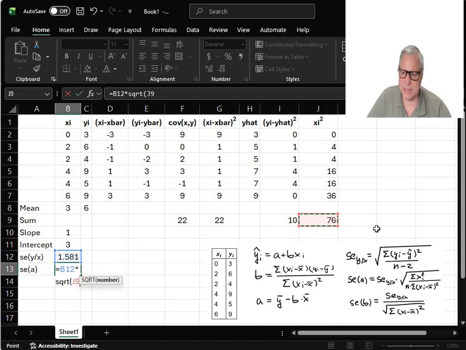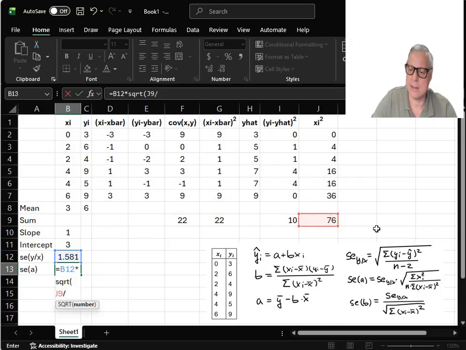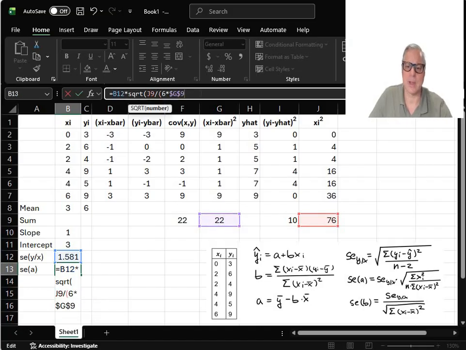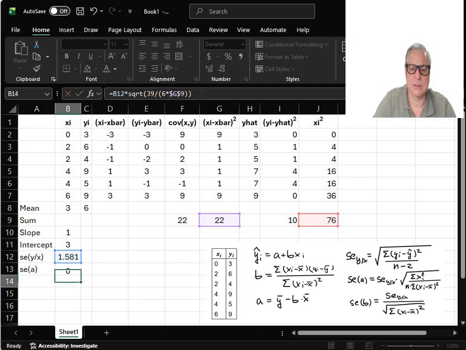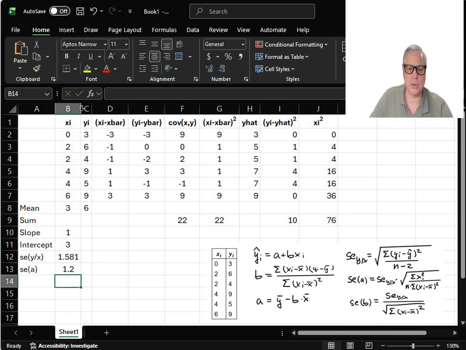So I click into the cell with the 76. And now we need to divide by, in parentheses, n, 6, times the sum of the xi minus x bar squared, which is the 22. So I click into the cell with the 22, which is in my case G9. Actually, we don't have to F4 it, and then we close the parentheses. And then we get 1.2.